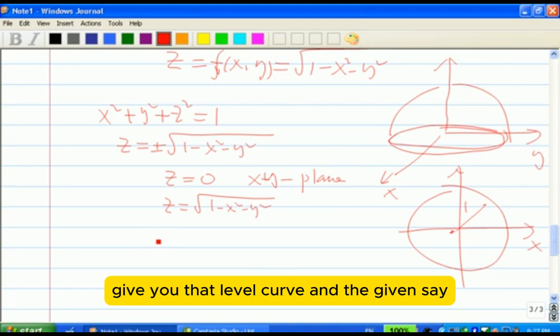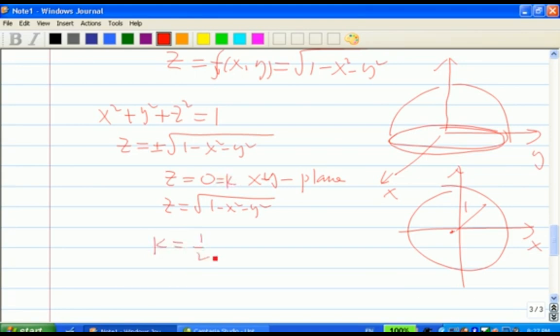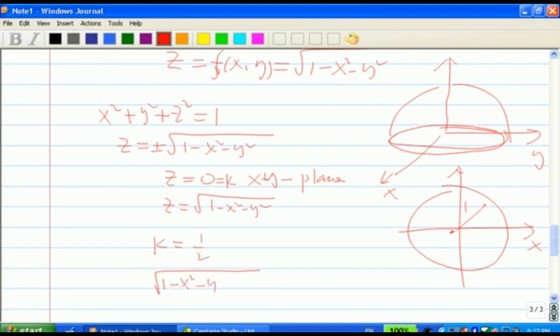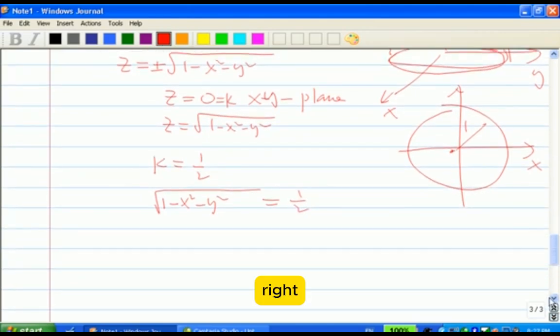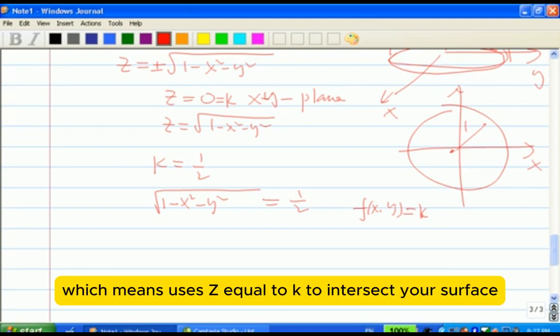This is the case k equal to 0. How about k equal to 1/2? Then you get another level curve like this, right? f(x,y) equal to k gives you a level curve, which means using z equal to k to intersect your surface.